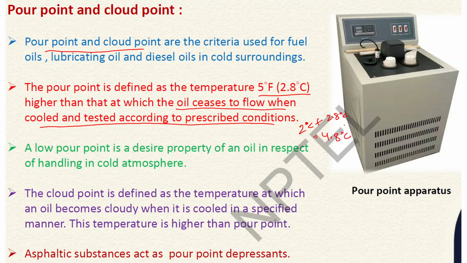So basically, a low pour point is a requirement for a good oil in respect of handling in cold environments. When we transport a fuel oil or crude oil from a hotter area to a colder area, due to the decrease in temperature the viscosity will increase, and moreover, due to the formation of wax crystals in the crude oil, freezing of the liquid will take place inside the pipeline, which is not desirable.